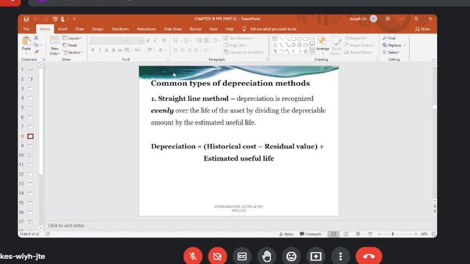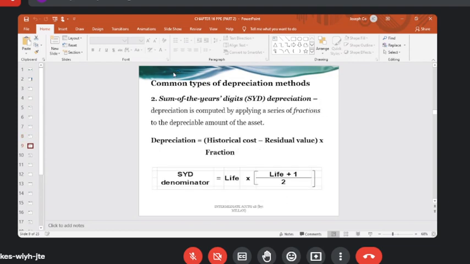We have the straight line method. Depreciation is recognized evenly over the life of the asset by dividing the depreciable amount by the estimated useful life. Depreciation is historical cost minus residual value divided by the estimated useful life. For sum of the years' digits, no, depreciation is computed by applying a series of fractions to the depreciable amount of the asset.